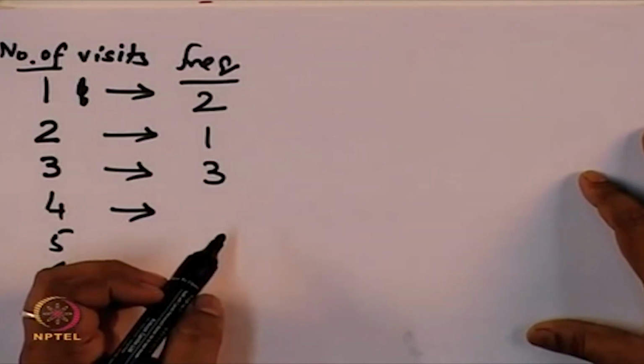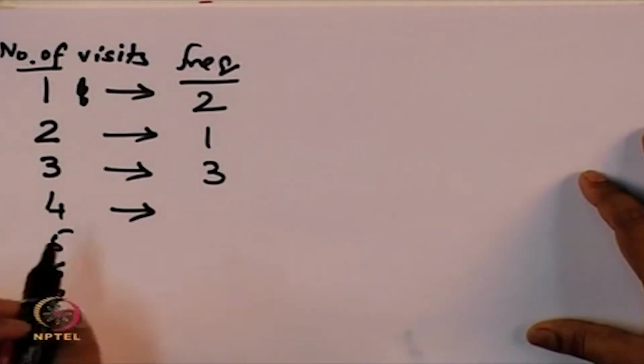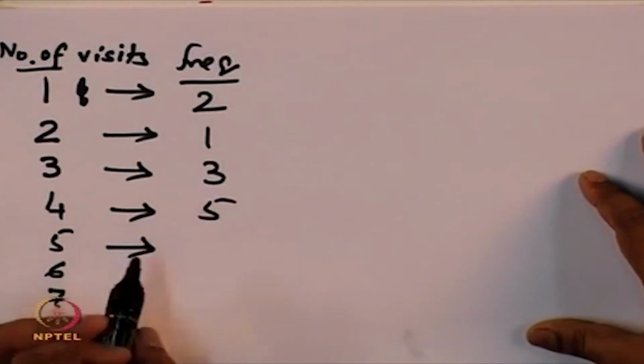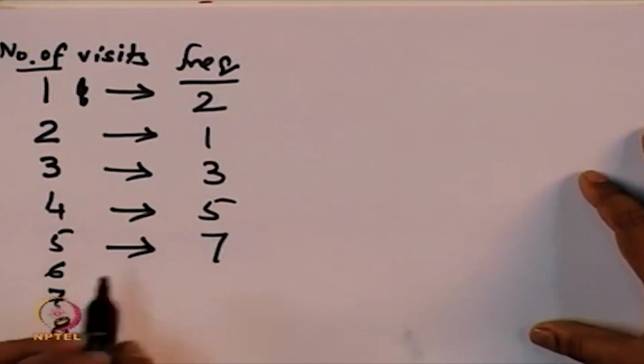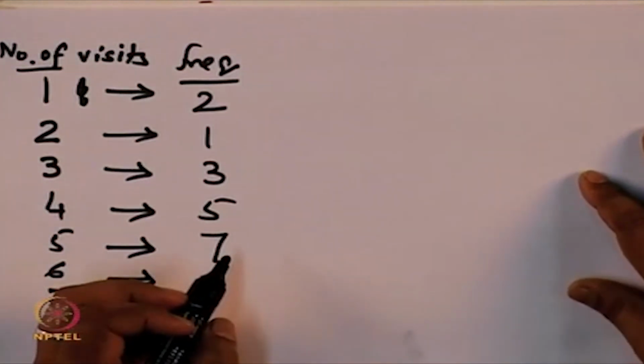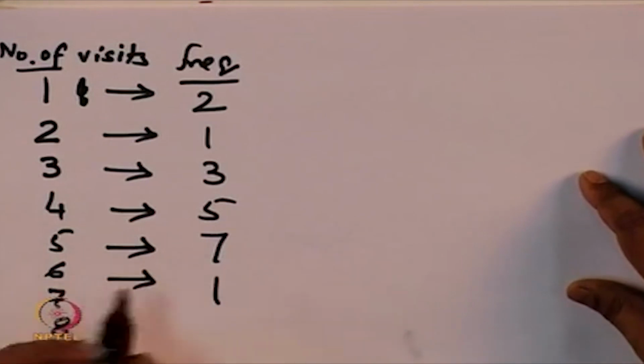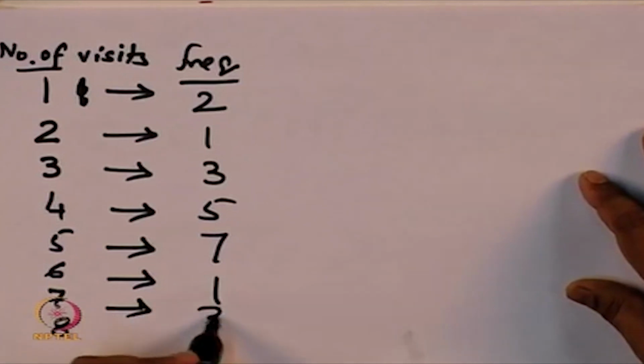Frequency of 4 is 5. Frequency of 5 is 7. Frequency of 6 is only 1. Frequency of 7 is 3. 8 is 2. Okay.